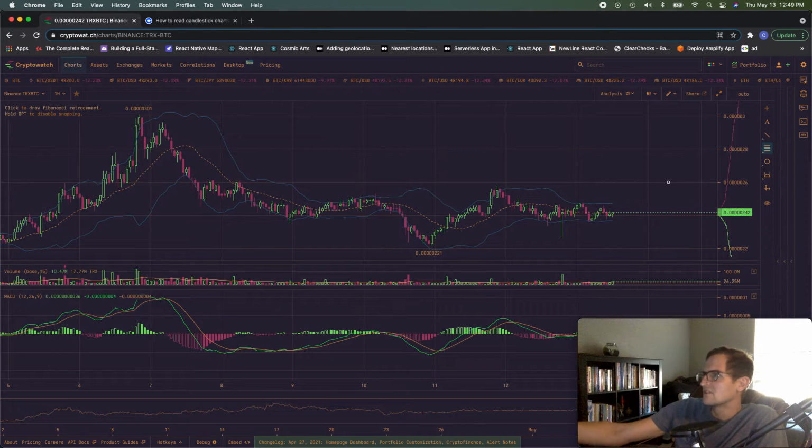Another thing to look at is these Bollinger Bands, and you can take a peek at how volatile the market is, and then in conjunction with that, the MACD, to give you some idea of how much momentum is going on.